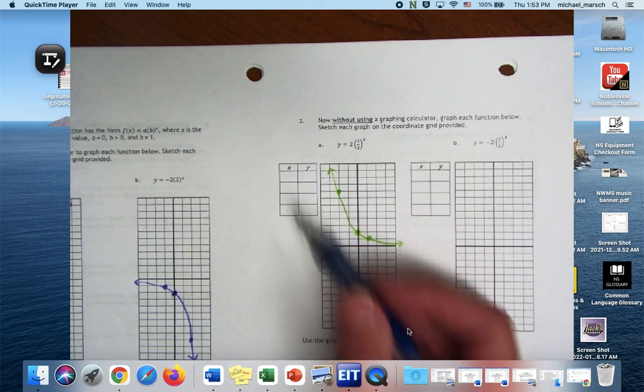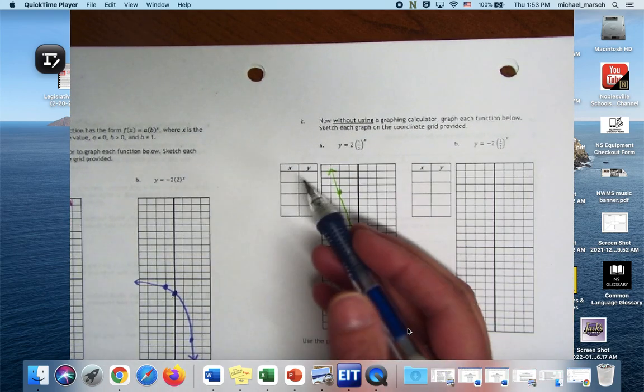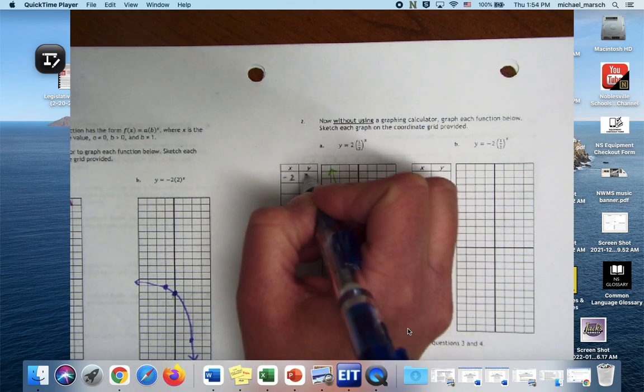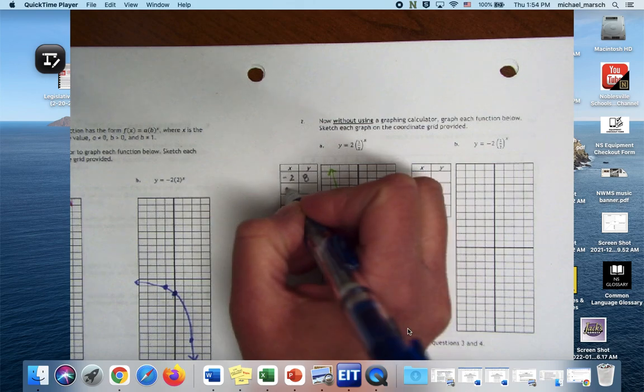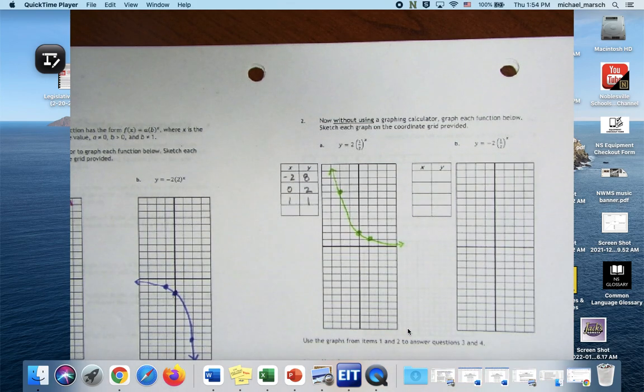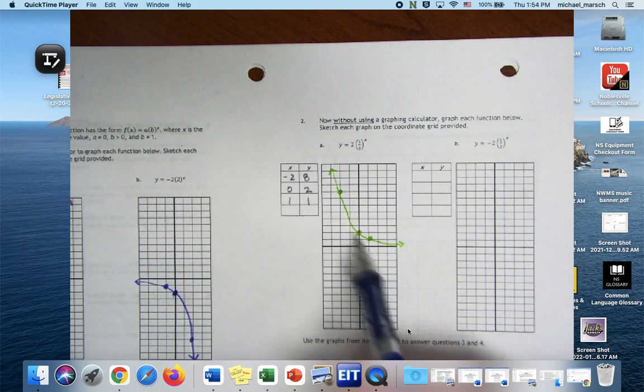So if we had to list what our ordered pairs were, we could say -2, 8, 0, 2, 1, 1, and just leave it at that. If we were to put in -1, we are going to get a weird, not whole number value, right? Because it kind of curves strangely there.